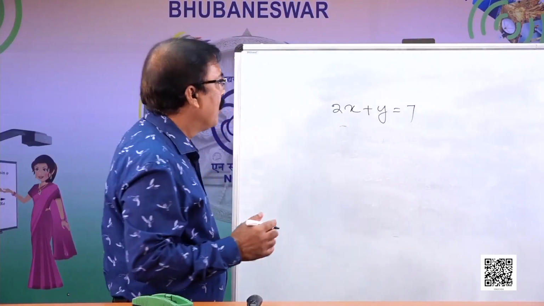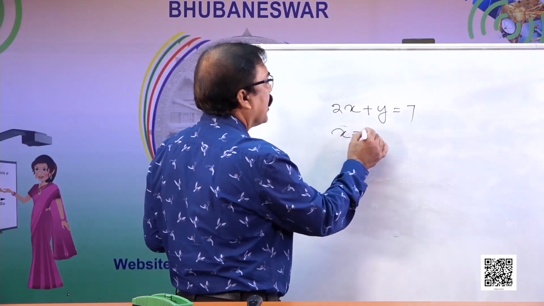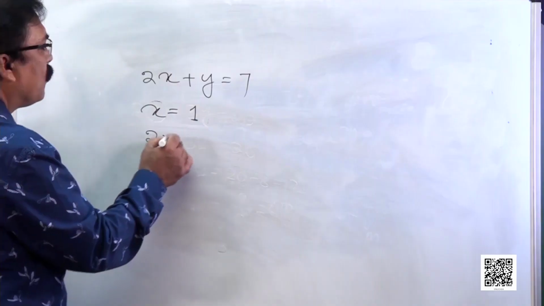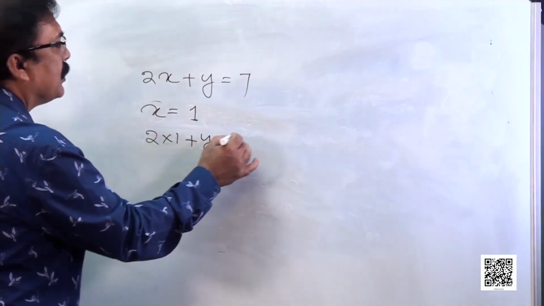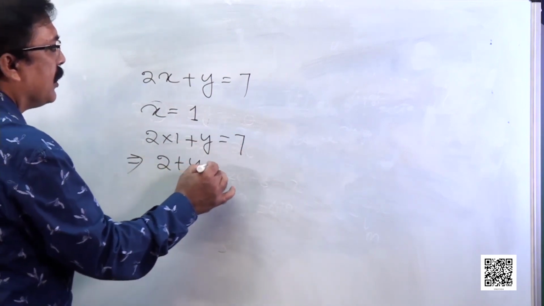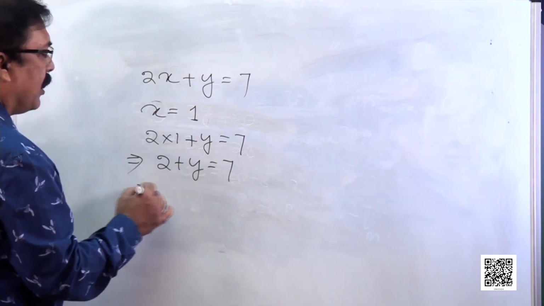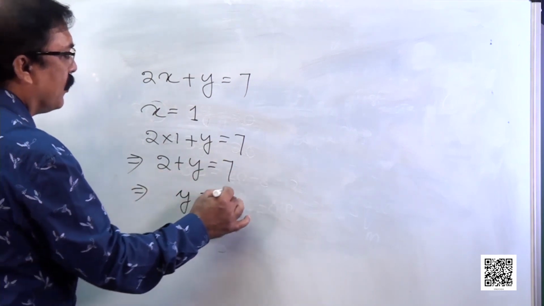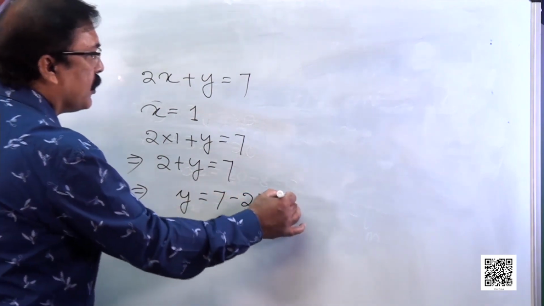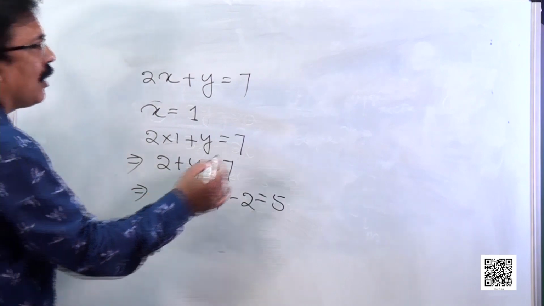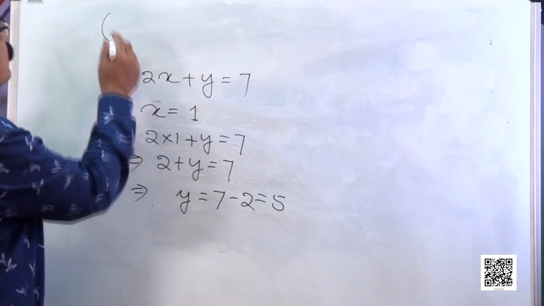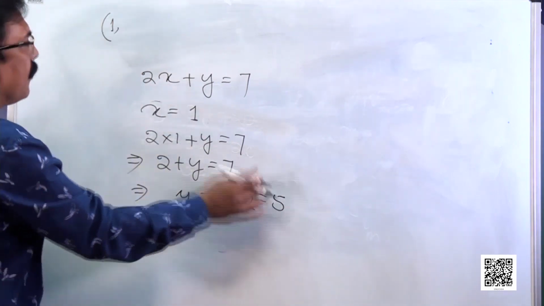We can put the value of x, say if we put the value of x as 1, then we have 2 into 1 plus y is equal to 7. This gives 2 plus y is equal to 7, and y is equal to 7 minus 2, that is 5. So one of our solutions is (1, 5).